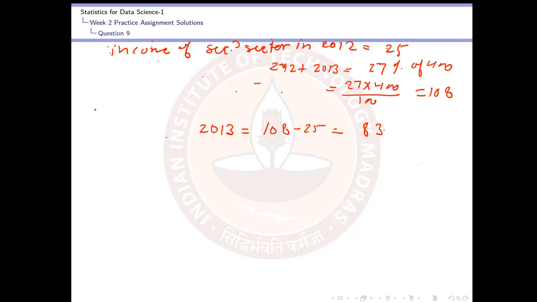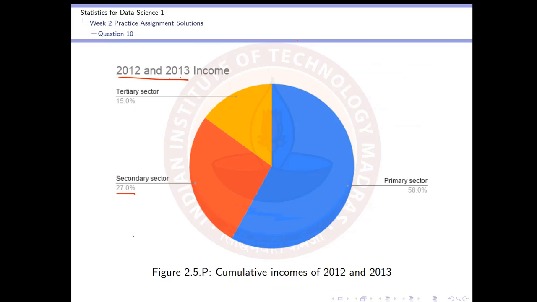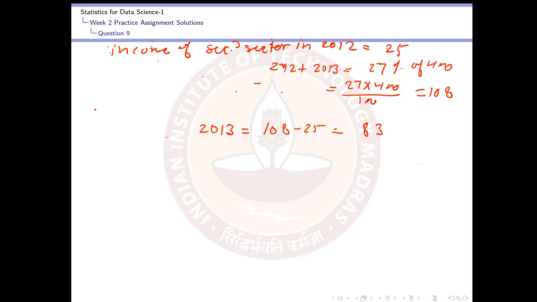Now calculate the income from the tertiary sector in 2013. Income from the tertiary sector is given as 11% in 2012, and in 2012-13 it is given as 15%. So the income from the tertiary sector in 2012 is 11% of 100, that will be your 11, and in combined 2012 plus 2013 it is given as 15% of 400.